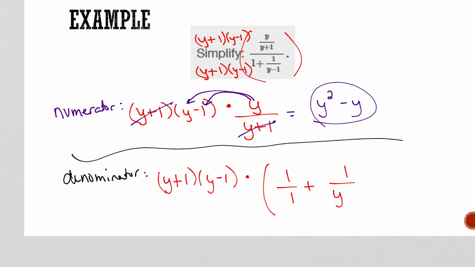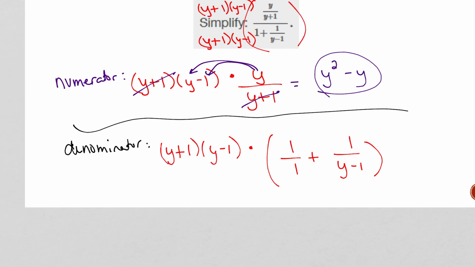Okay, so whenever I multiply this whole thing times this, I just end up with that whole thing, okay? So I'm left with y plus 1 and y minus 1.